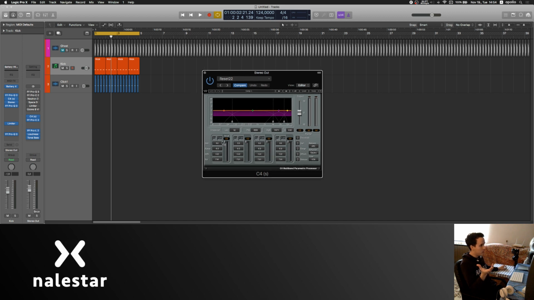Now everything is set to 0, and all the attack and release times are set to the same numbers in milliseconds, because whenever I start working on something, I have a rough idea of what direction I want to go with it.